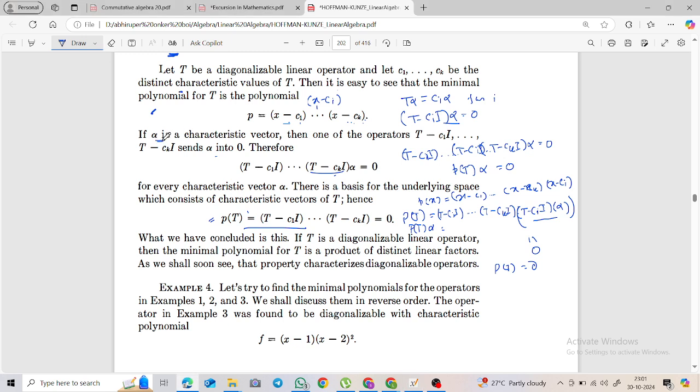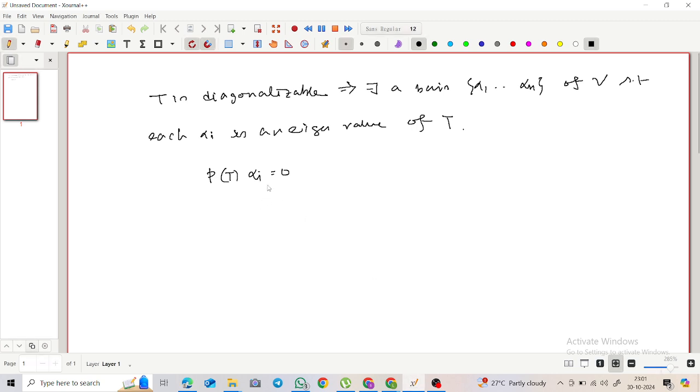Because if alpha is a characteristic vector, we have shown that P(T) of alpha is 0. Since P(T) sends each of the basis elements to 0, we can write P(T) v is 0 for all v belongs to capital V.